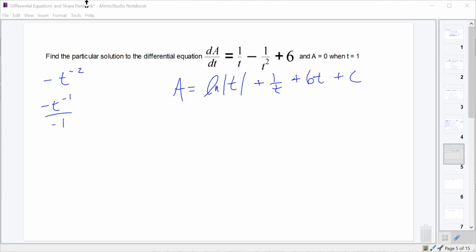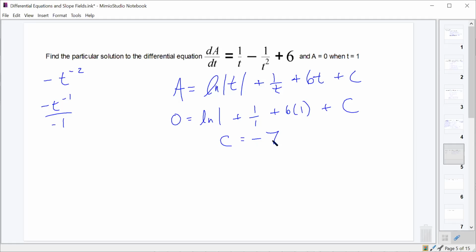Okay, so then we plugged in t equals 1 and a equals 0. And what did you get for your constant? Negative 7. Perfect, good.